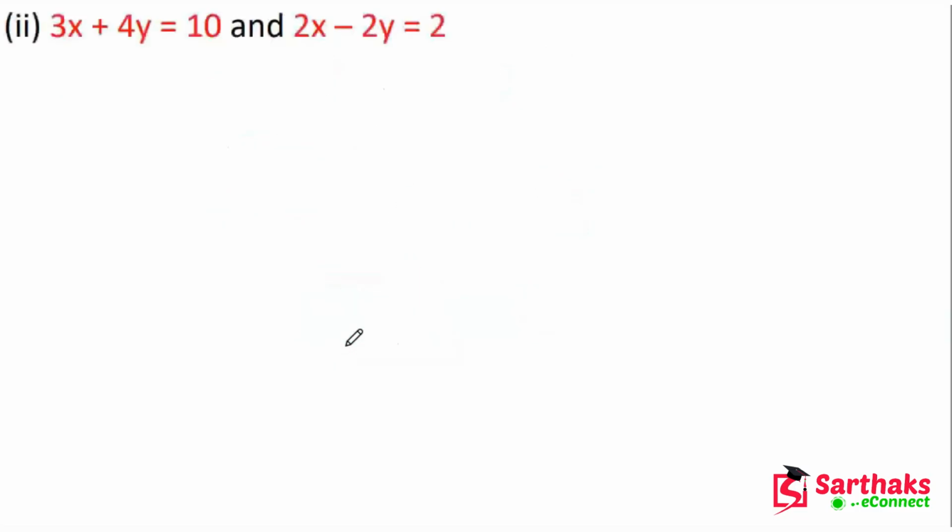So now let's move on. Again we have two equations like this. This is equation first and this is second. Here, if we multiply equation second by 2, we have 4y here and minus 2y here.